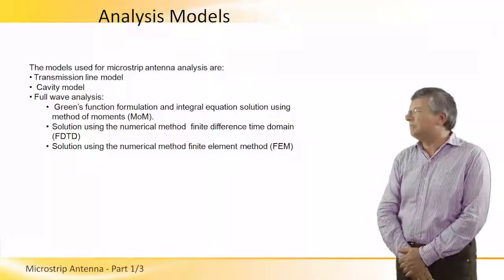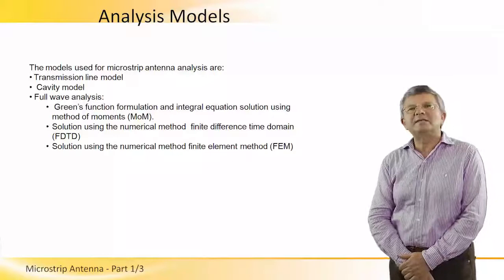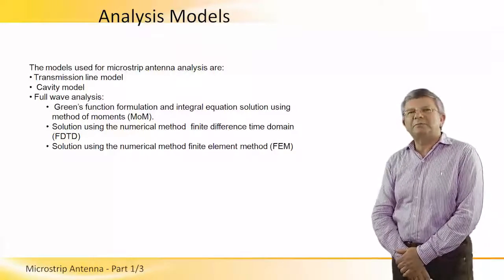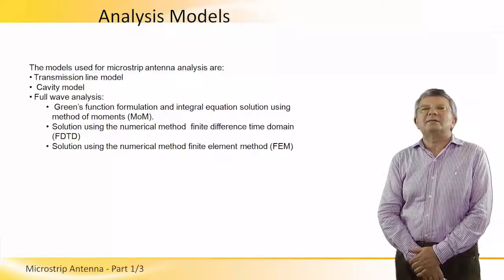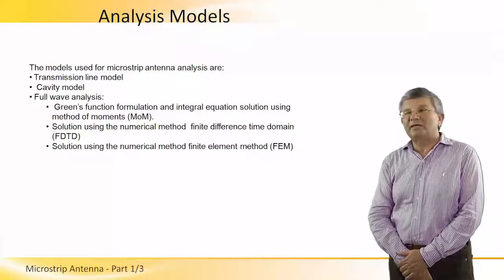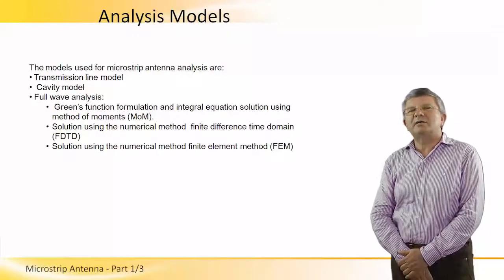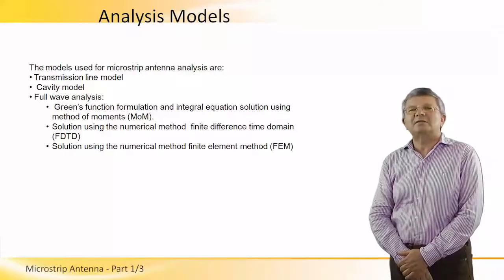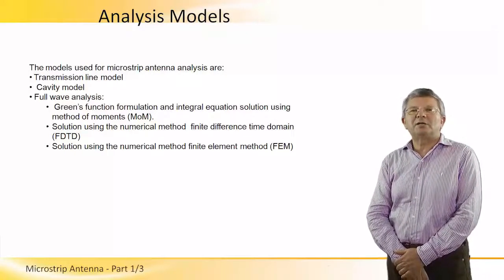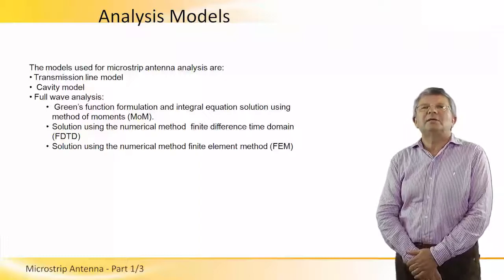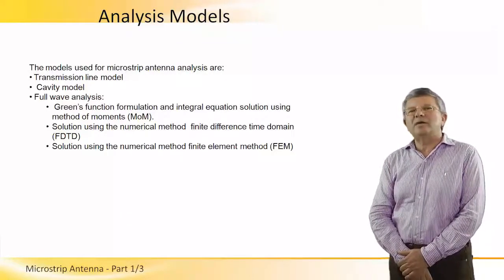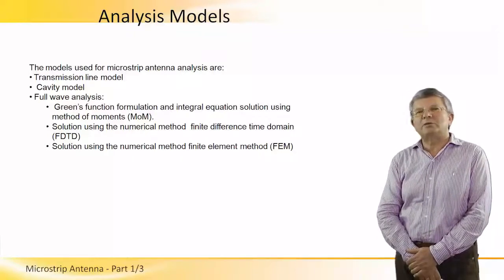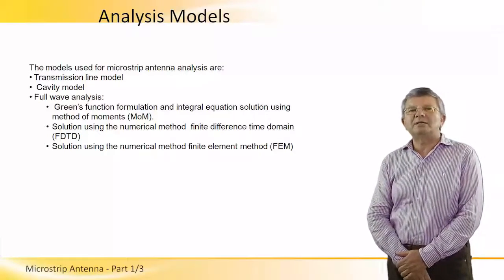Now let's talk a little bit about some analysis models of the microstrip antennas. The models used for microstrip antenna analysis are the transmission line model, which is the simplest and the first to be published in the literature, the cavity model, and the full wave analysis, which is the most accurate and rigorous type of analysis.